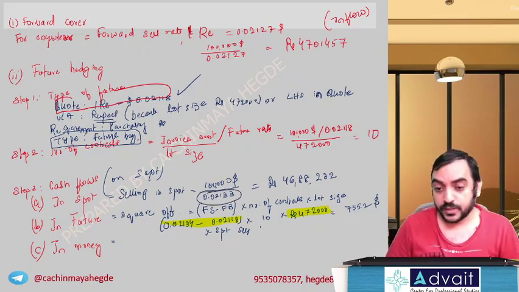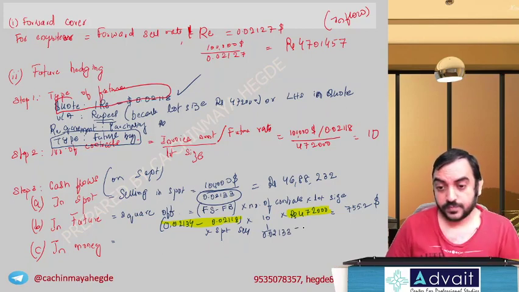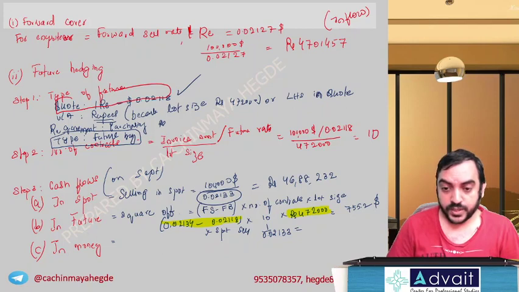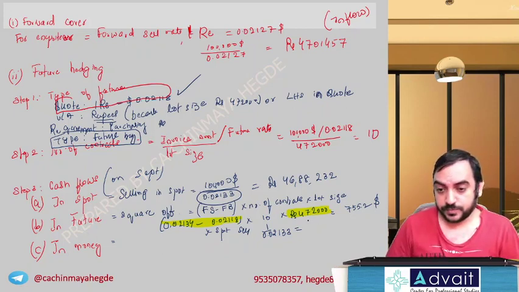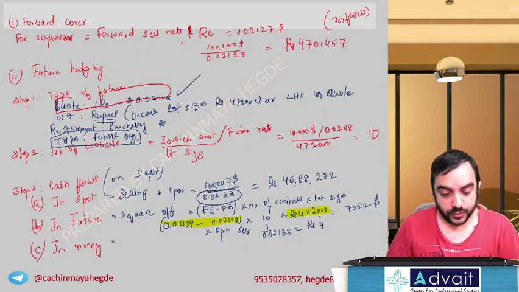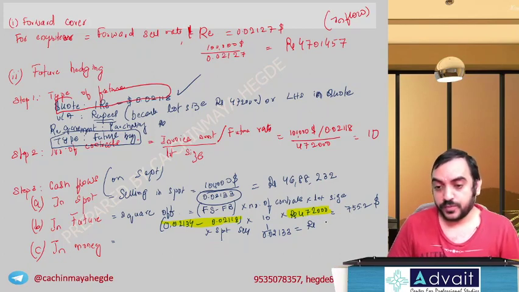Use that only. So 1 divided by 0.02133. At that rate only you exit. 755.2 into 1 by 0.02133 is 35,405 rupees. 35,405 profit. So inflow.